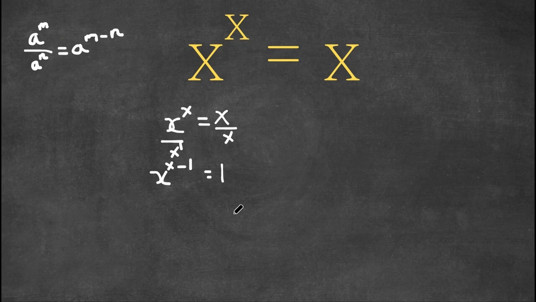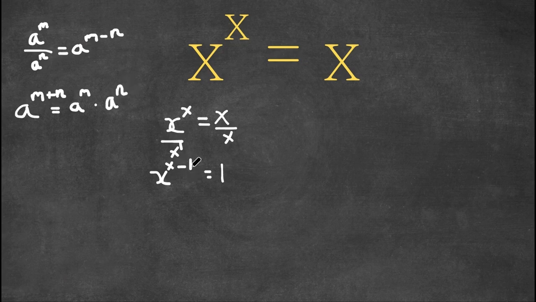So now we're actually going to rewrite this. Before I rewrite this, another important property of exponents is that if we have something in the form a to the power of m plus n, this is equal to a to the power of m times a to the power of n.